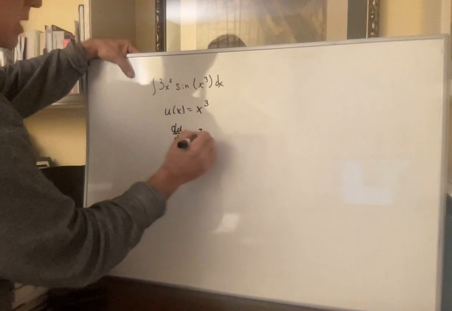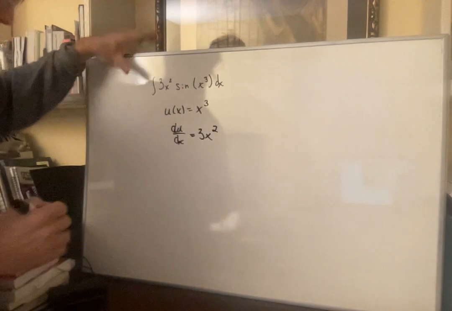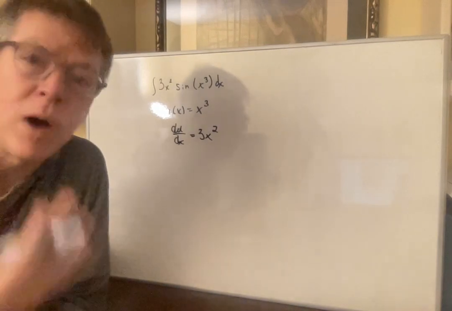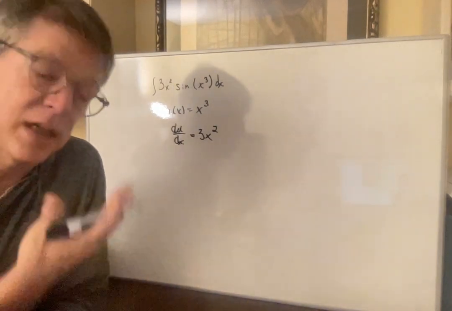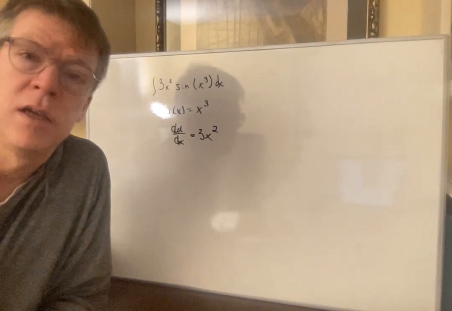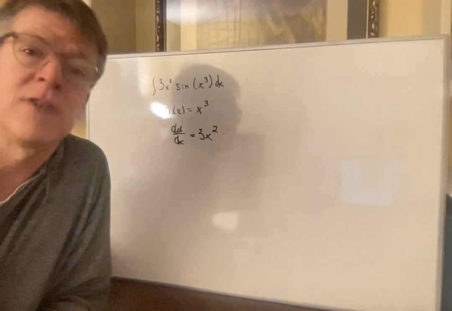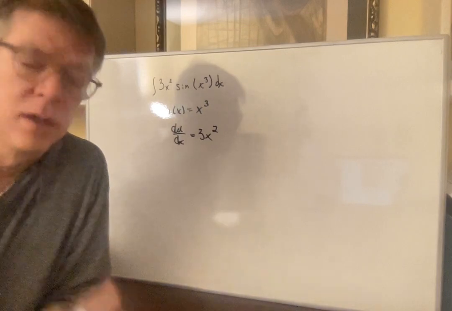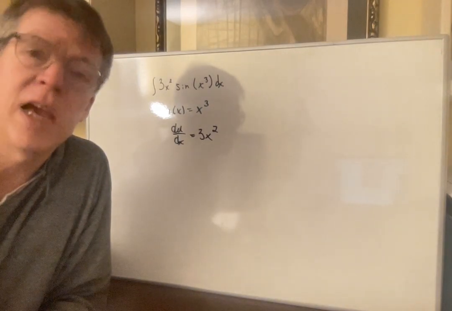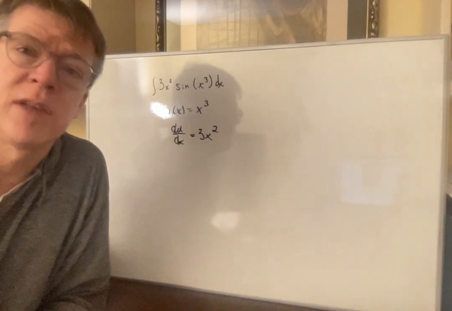And that equals 3x squared. I haven't ever really talked about dy dx or du dx as a fraction, but in fact it is. And it makes total sense, if you need what du is, to just multiply both sides by dx, because that'll get rid of it over on that left-hand side.